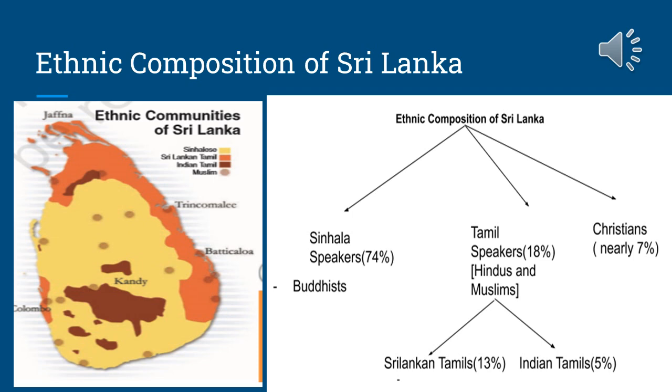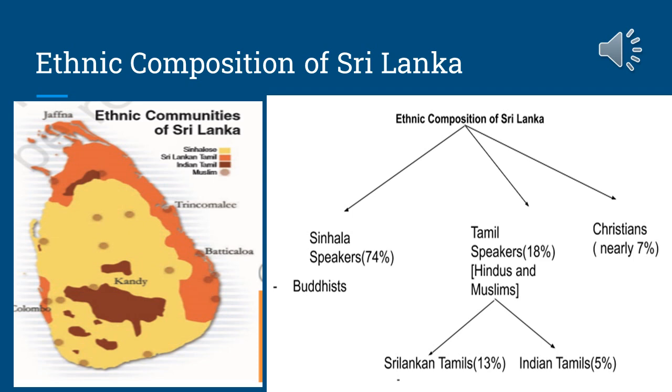A huge population of 74%, and they are Buddhists. And the second category is of Tamil speakers. They are 18% of the total population. Hindus and Muslims constitute the Tamil speakers, and there is a further division of Tamil speakers.